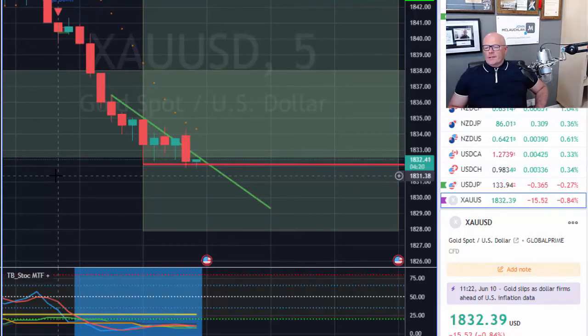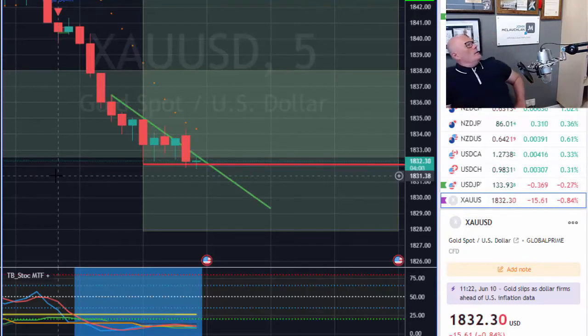As you can see, the stochastic is still snaking along, just snaking between no man's land really. But one thing to note is that all the time frames have all come down: the 4 hour, the 1 hour, the 15 minute, the 5 minute, the yellow. What's the yellow?